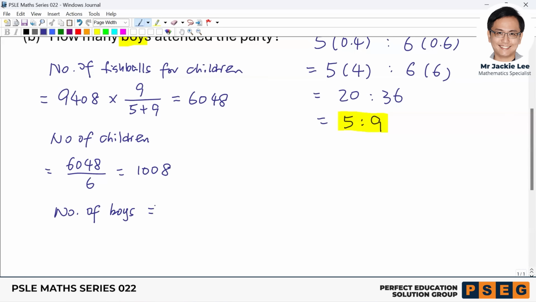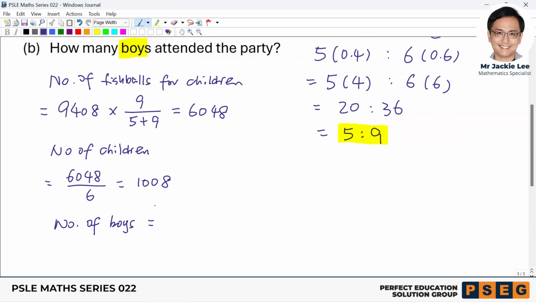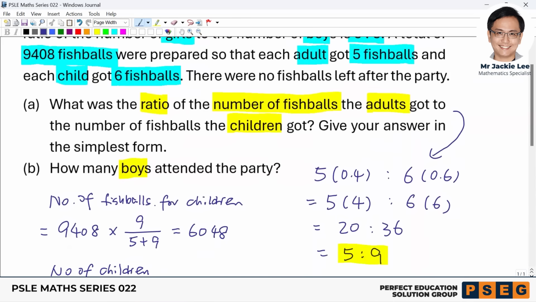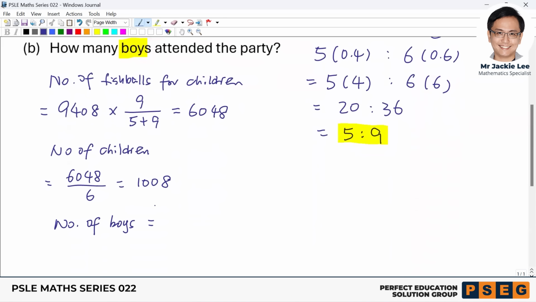Because girls to boys is 5 to 3, it should be 1008, boys is 3, over 3 plus 5, so the bottom is 8. So 1008 times 3 divided by 8, the answer comes to 378.